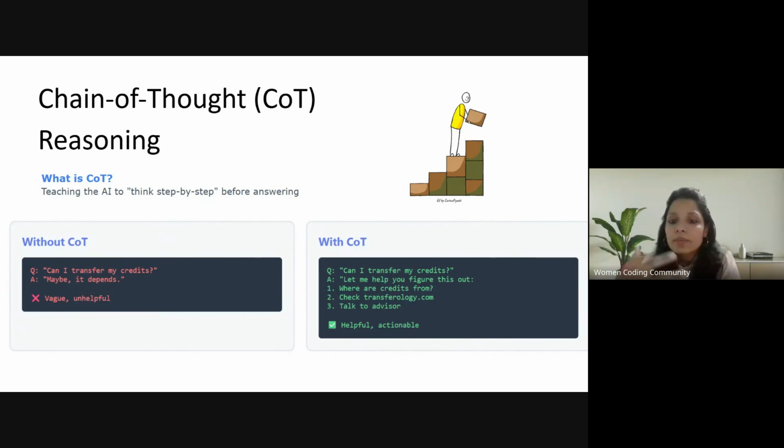So these are some different ways you can create those steps. Maybe you could have written here, hey, your first step is to ask the user some questions around where the credits are from. Have you checked the website and the information on how you can do it?